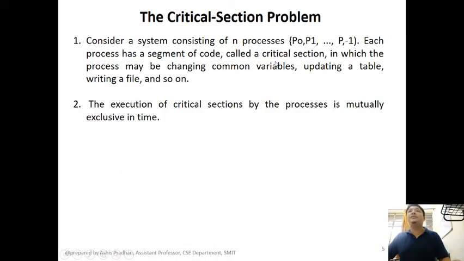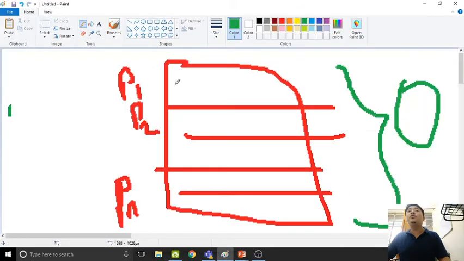Each process has a segment of code called the critical section, in which the process might change a common variable. There is code with each one of them, P1, P2, say for example count++ or count--, and this is memory C. So P1 may manipulate this memory, and P2 may manipulate this. How does it manipulate?